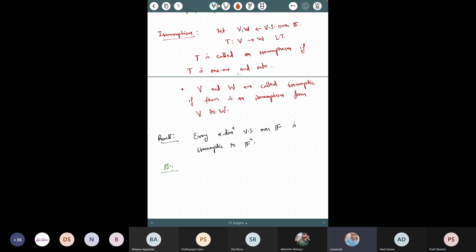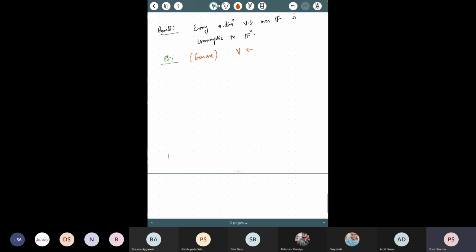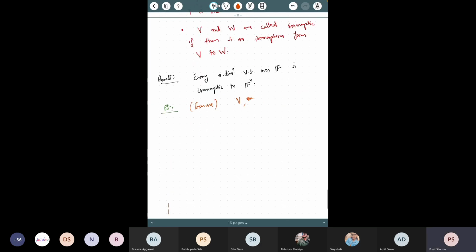Yes, sir. By taking a basis of the vector space, every element of V can be expressed as a linear combination of basis vectors. Then by taking the coordinate vectors. Yes, I understand. So what she's saying is that suppose this is V and the dimension of V is n.